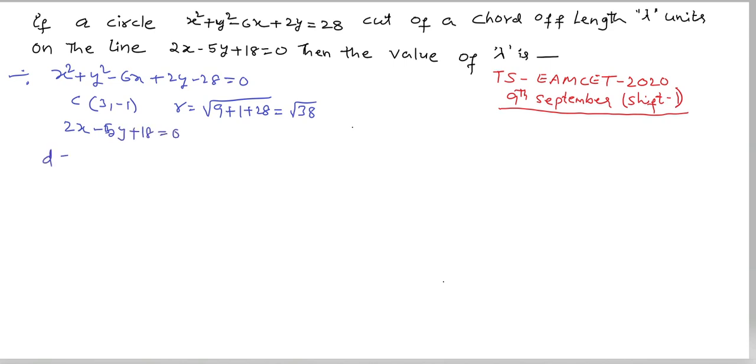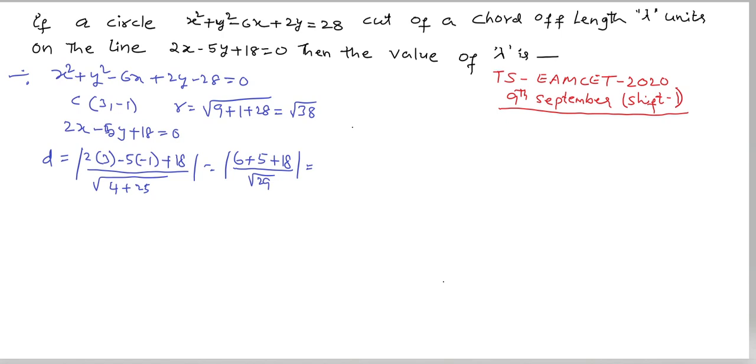Now we find d, the perpendicular distance from the center to the given line, that is (2 into 3 minus 5 into minus 1 plus 18) by root of 2 square 4 plus 5 square 25, that is (6 plus 5 plus 18) by root 29. 6 plus 5 is 11, 11 plus 18 is 29, 29 by root 29, that is equal to root 29.